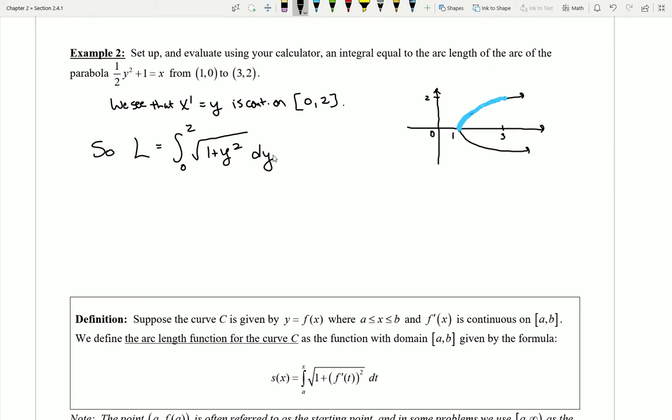Now this looks like a super simple, very innocent looking integral. But you might be surprised that this is probably one of the hardest integrals that I could give you this semester. In fact, this is a type of integral that you do not yet possess the ability to evaluate by hand, which is why on this question I've asked you to use your calculator.